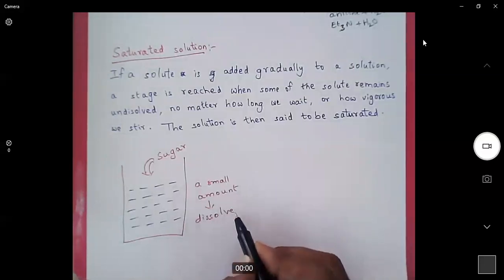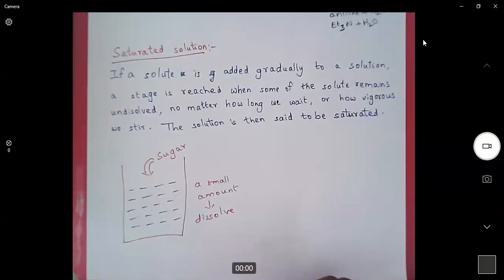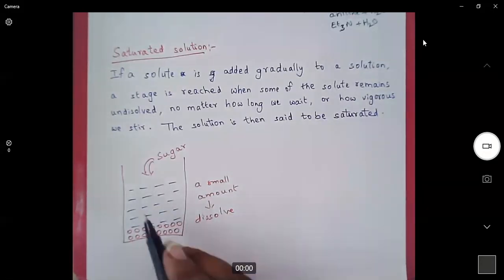Now, try adding one more spoon and mix it properly. Again, it will dissolve. Try one more spoon. If you add 10 spoons, then what happens? After adding a certain amount of sugar, whatever time we wait or whatever pressure we apply, that means how strongly you stir it or how vigorously you mix it, it doesn't matter. Sugar will not dissolve in water.